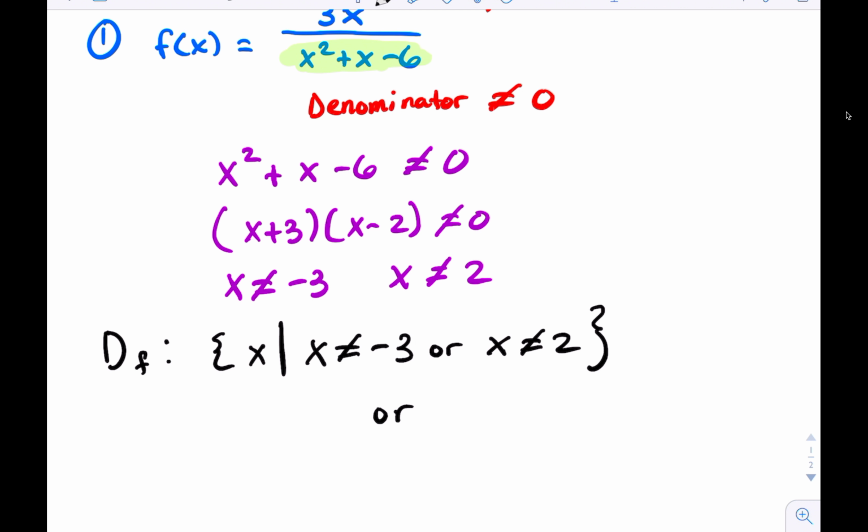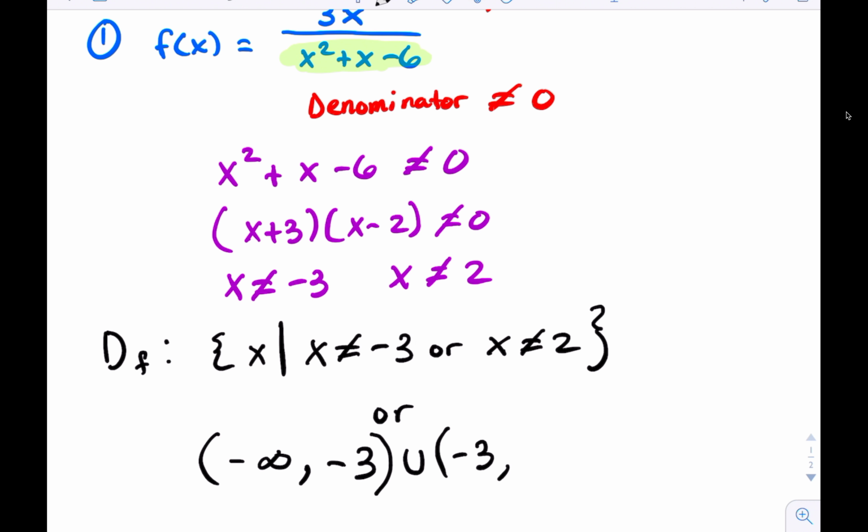So for the domain of this, I'm going to start at negative infinity, and the first number that I'm going to hit is negative 3. I want to include an open parenthesis there because I can't use negative 3. Then I include a union, and start again at negative 3 and work my way to the right. Another issue I'm going to run into is 2.